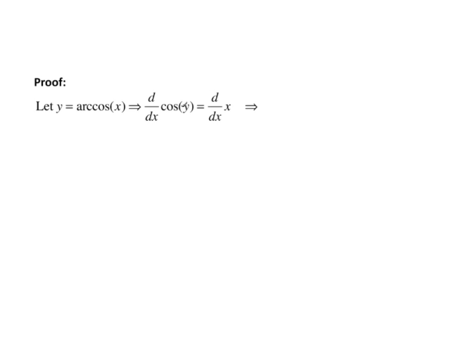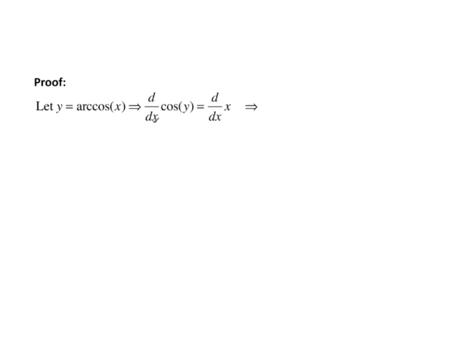Why is that? If I simply take cosine on both sides, cosine of y equals cosine of arccosine of x, that's just x. Then I took the derivative of both sides. That's the one step that I skipped, hoping that you would see it. But just in case, there it is.